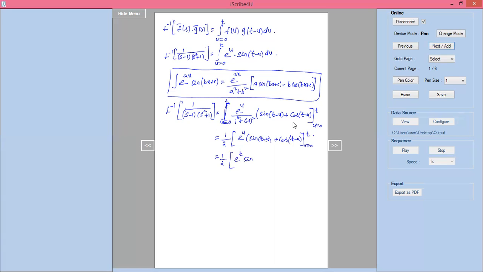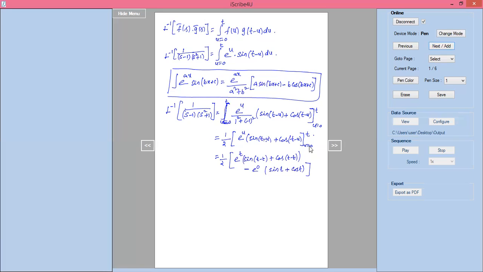In the place of u equal to t means t minus t, plus cos of t minus t, minus the lower limit: e power 0 into, for u equal to 0, sin t plus cos t. Any doubts in this? For u equal to 0, sin t and cos t.